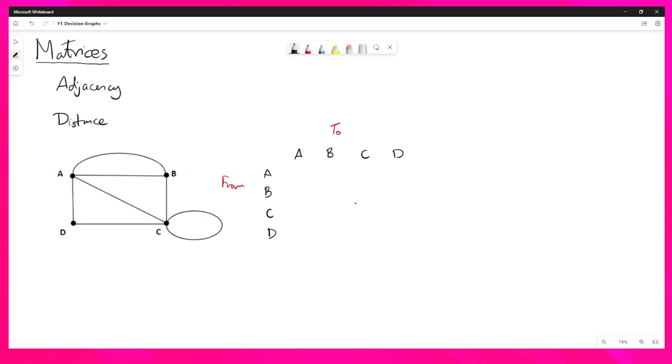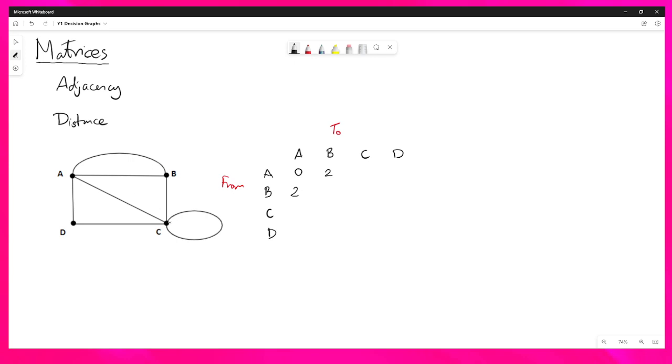So an adjacency matrix tells us the number of arcs joining any pair of vertices. So we have the pair of vertices A to A. Well, there are no arcs that join A to A, so 0. A to B, we have two arcs joining A to B. So A to B is 2.